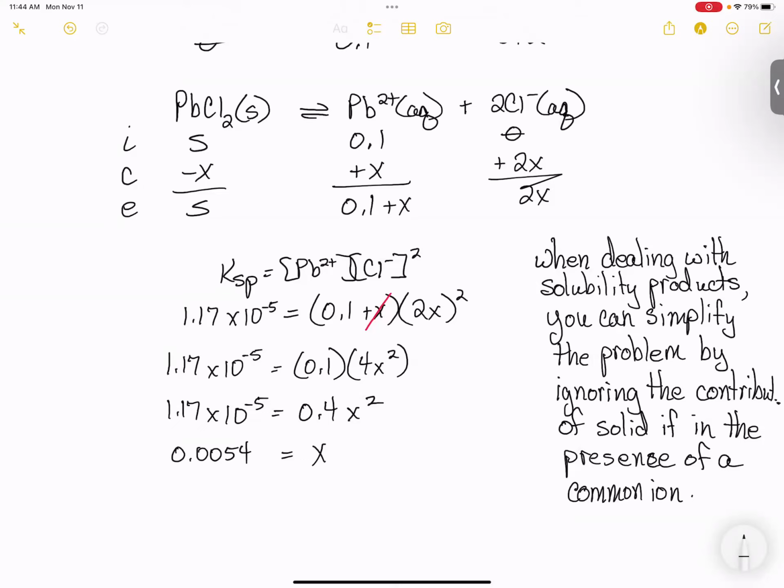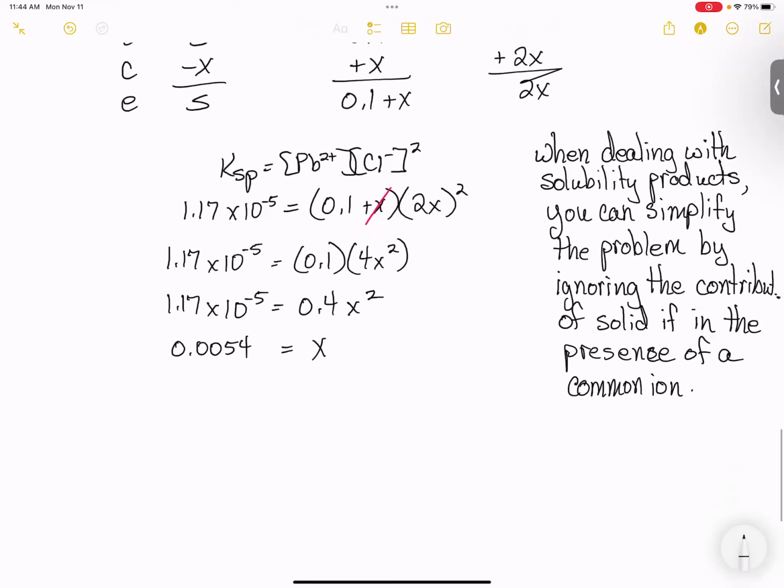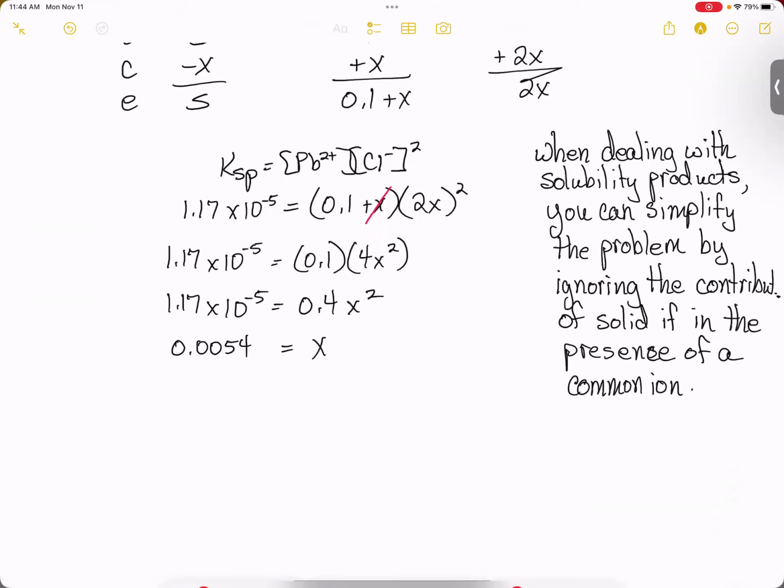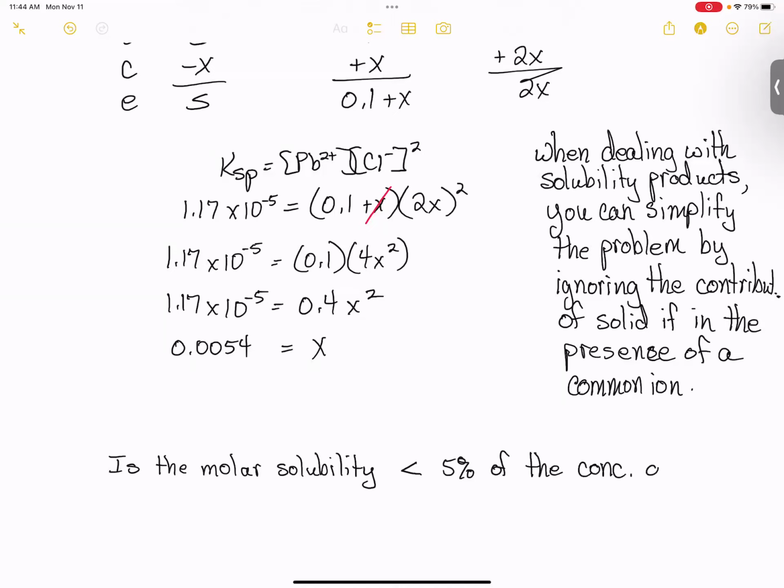And one way you can check it, if you're not confident, is you can ask yourself, is the molar solubility less than 5% of the concentration of the common ion?